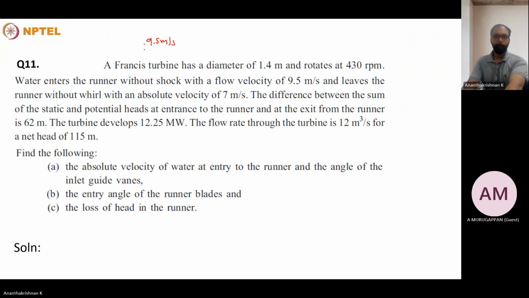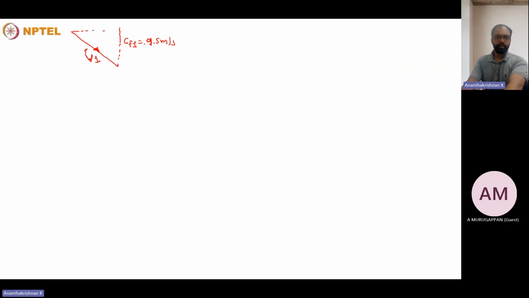The blade velocity at the inlet, or the bucket velocity at the inlet, can be represented as U1, and the corresponding relative velocity can be represented as V omega 1. So this will be equal to C theta 1, the tangential component.